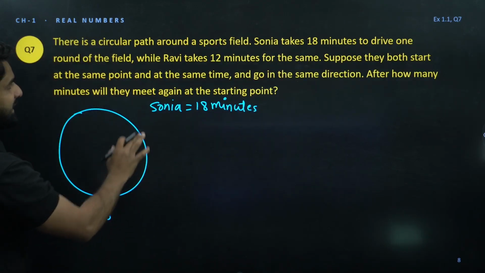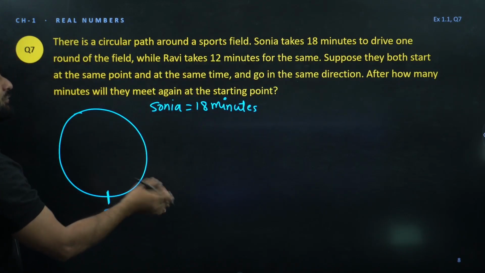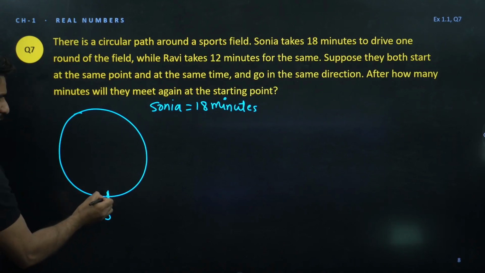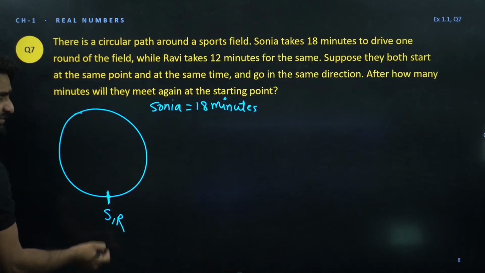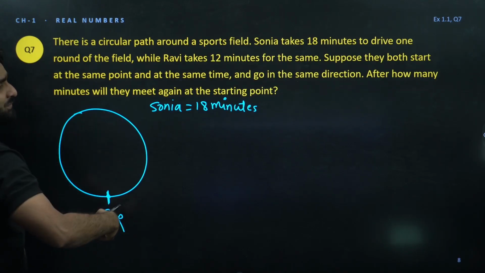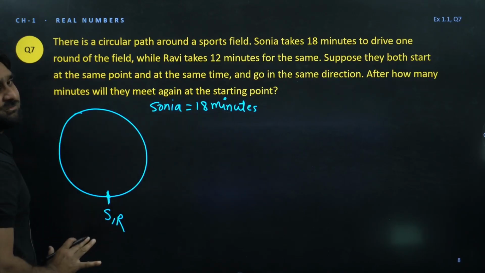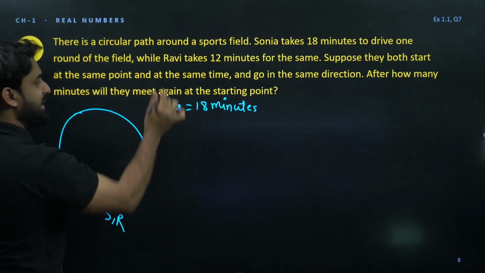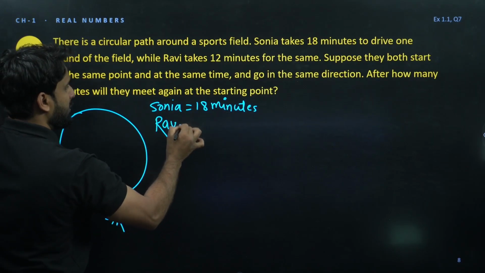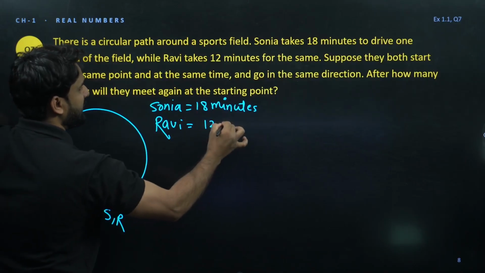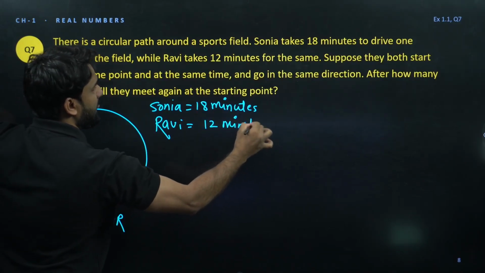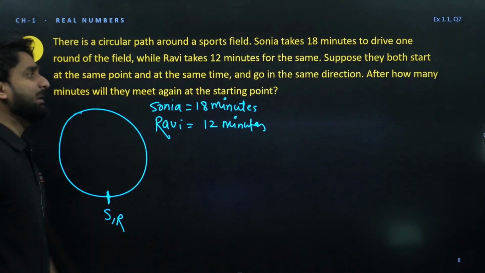While Ravi takes 12 minutes for the same. Here Sonia and Ravi both start from the same point, but Sonia takes 18 minutes to complete one round, and Ravi takes 12 minutes, right, champions?